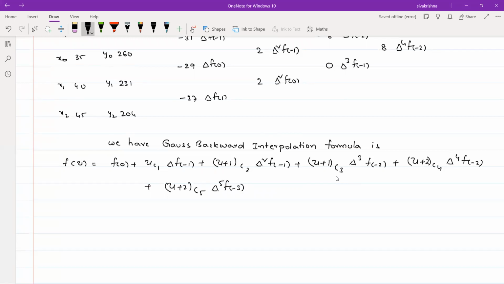Okay, so I am writing the formula up to fifth difference only, since in the difference table we are having up to fifth difference, right?